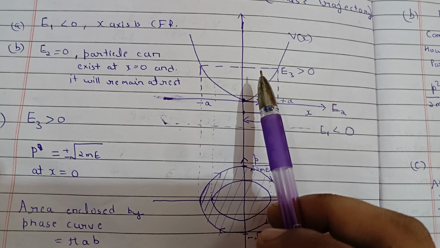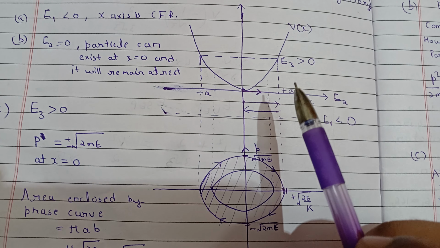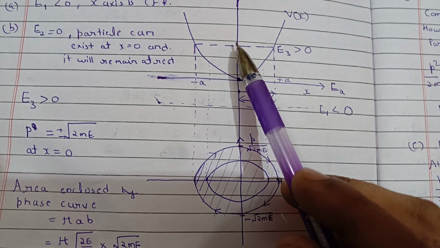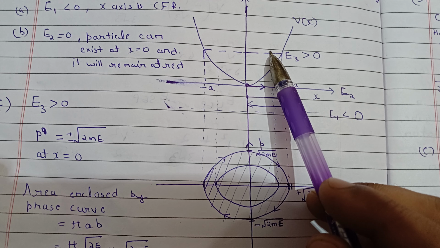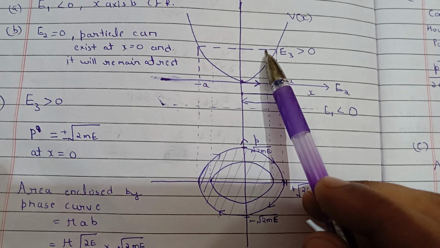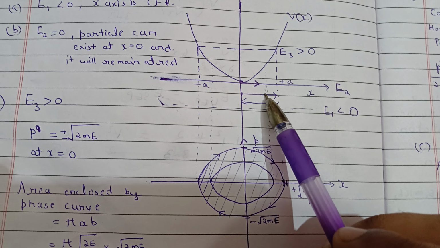So we will have the phase trajectory. Let's see what kind of phase trajectory we will have. Let's say we give this energy when the particle is at the origin. Then it will start moving to the right side. If the particle is moving this side, the potential energy is increasing, and when potential energy increases, kinetic energy will decrease.